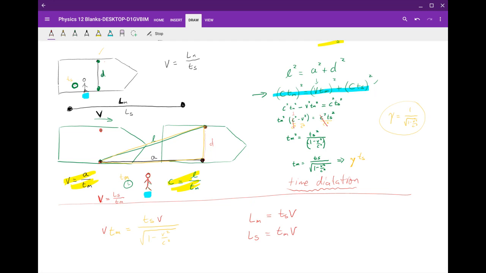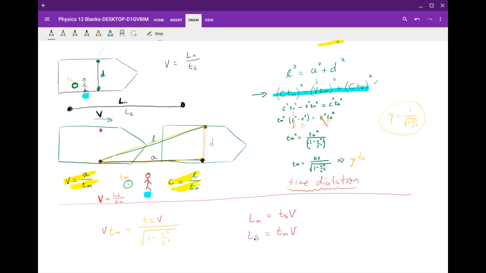And that's why these two formulas are like this. And so what I did then is I just took this TS and multiplied it over here, and this TM and multiplied over here, and I basically came up with these formulas here, all right? And now, basically, if you look at this formula, which is the time dilation formula, and I take the V, and remember I multiplied both sides by V. I did it a little too early in my explanation, but now pretend like I'm now multiplying both sides by V, and look, what's V times TM?